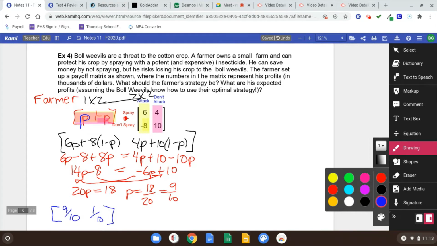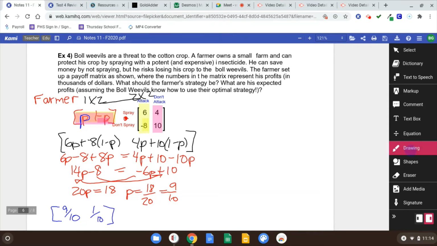What are his expected profits? Well, that's where we find the value. So remember, for the value, we're going to multiply the farmer times the payoff times the boll weevil. So we can't do the value of the game without doing the boll weevil strategy. So we're going to have to do kind of the same thing for the boll weevil.